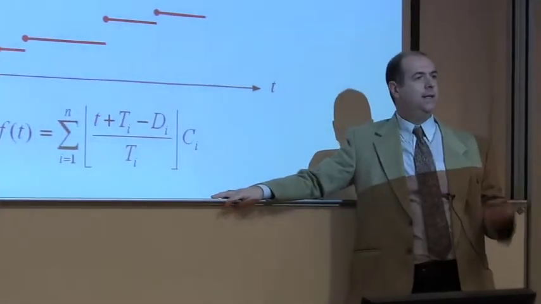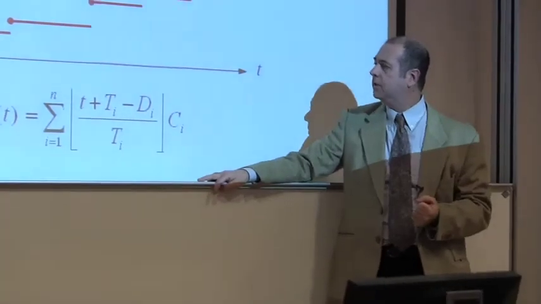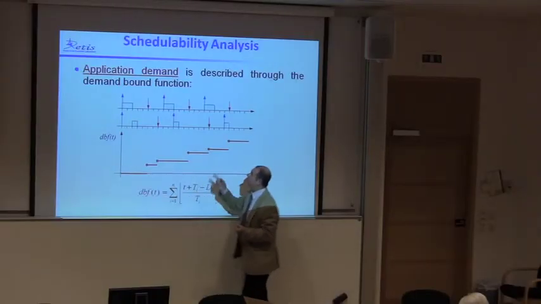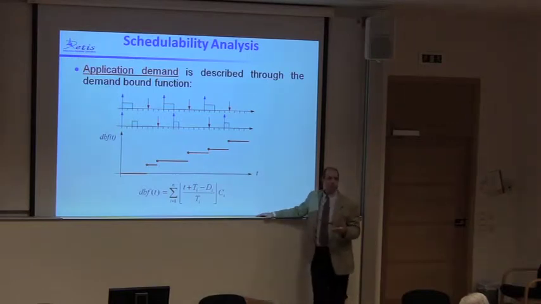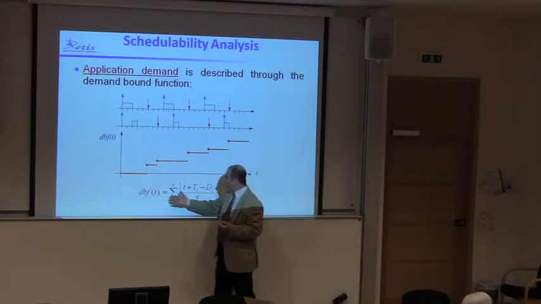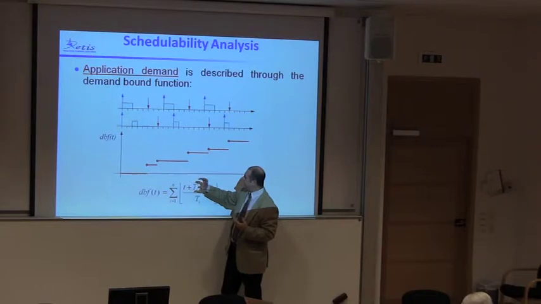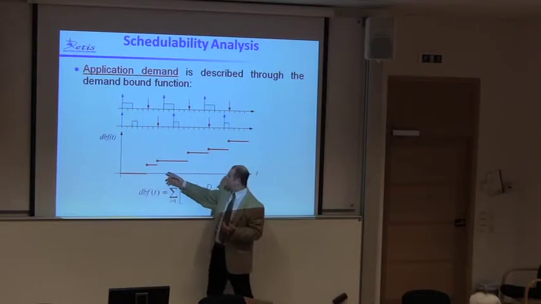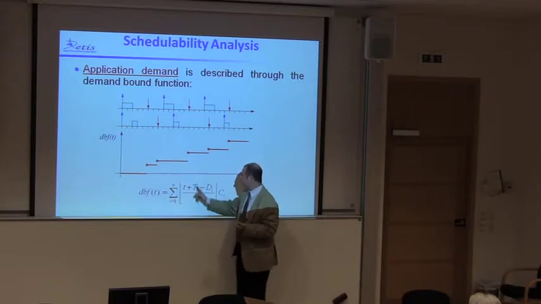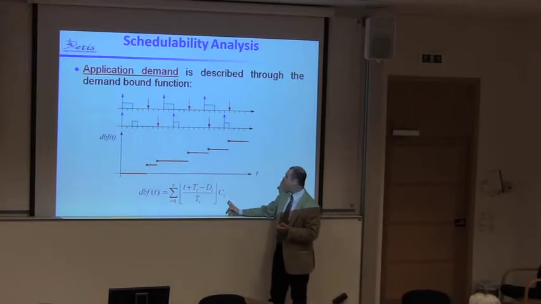So one way to analyze the computational demand of this application is to define a demand-bound function. This approach was proposed in 1990 by Baruah and other researchers. Basically, it consists of specifying the demand based on the deadlines and on the worst-case computation time according to this formula.